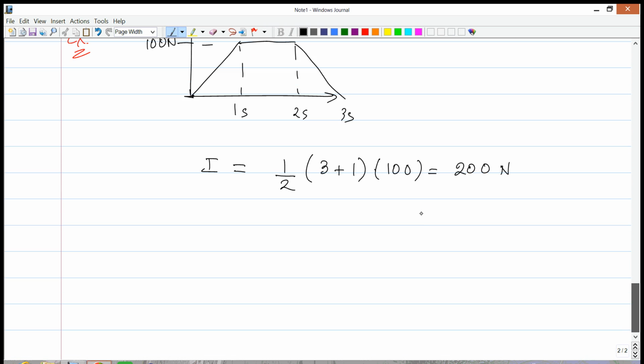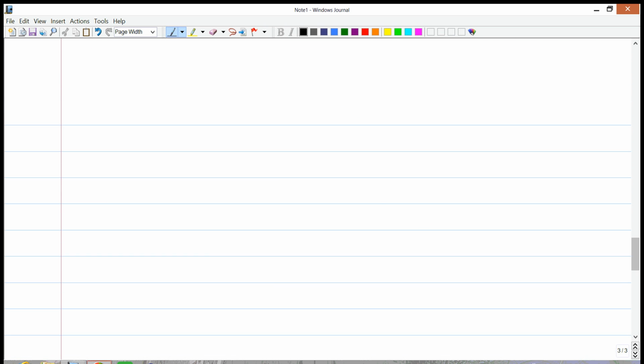Okay, so now that we know impulse, let us do a quick simple derivation of the impulse momentum theorem. Once we derive this theorem, you'll see some similarity between this and the work kinetic energy theorem.